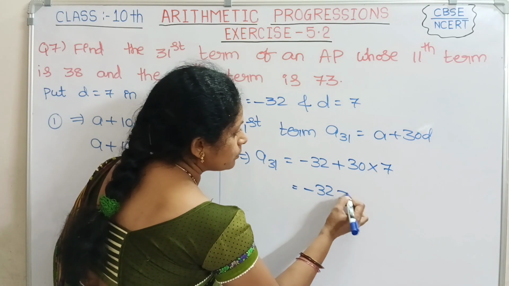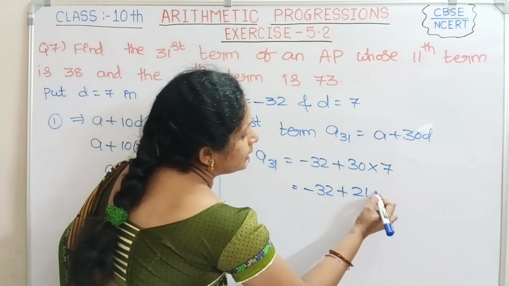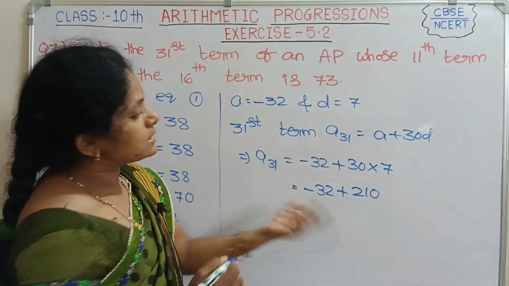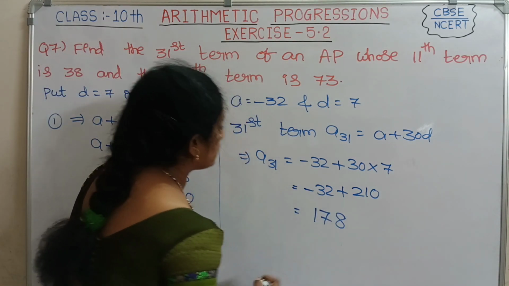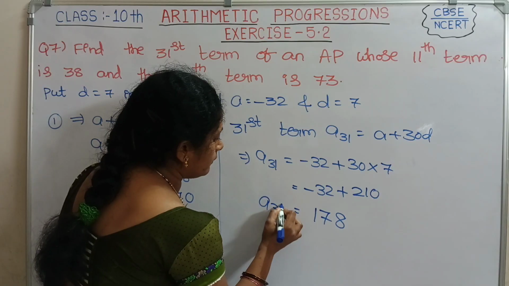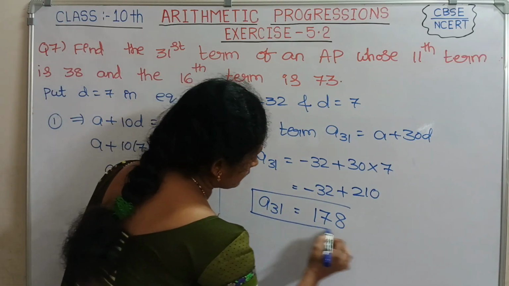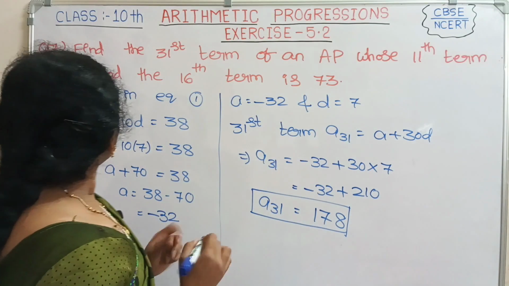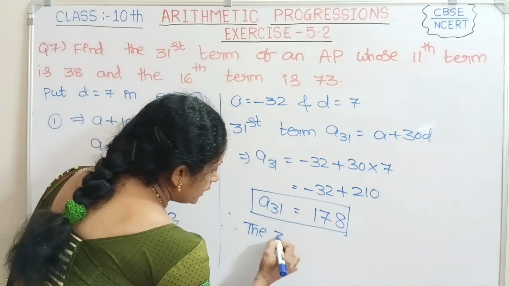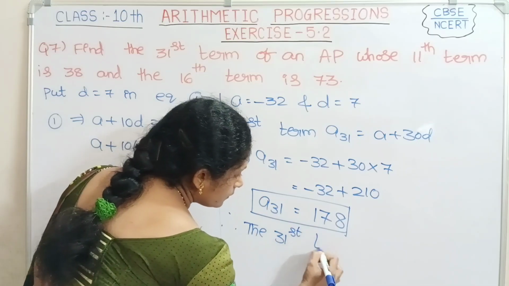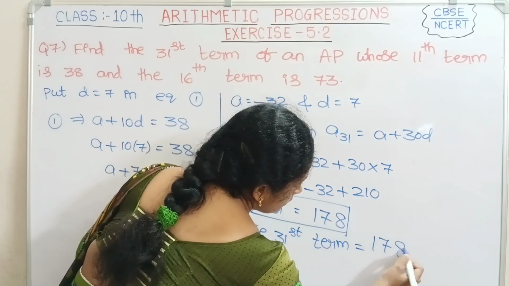Minus 32 plus 30 into 7 is 210. The subtraction of this gives us 178. A31 is equal to 178. This is our required answer. Here we will write, therefore, the 31st term is equal to 178.